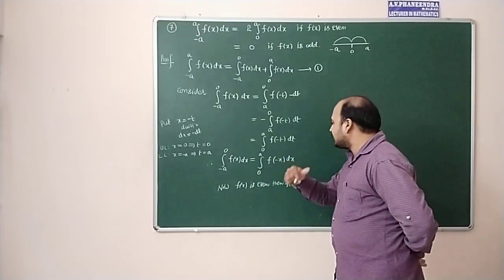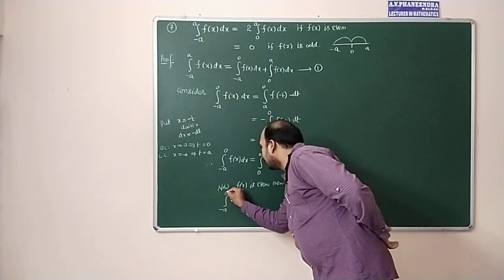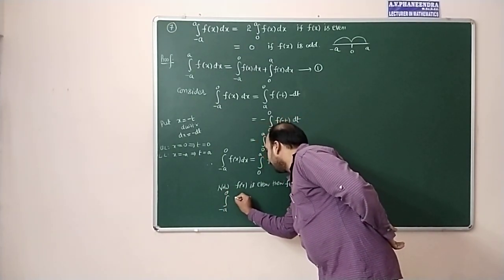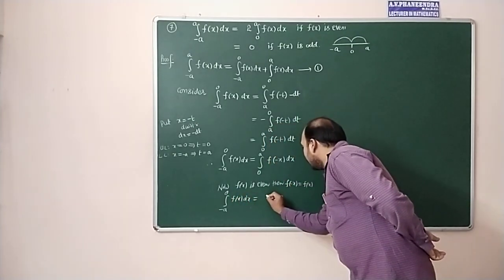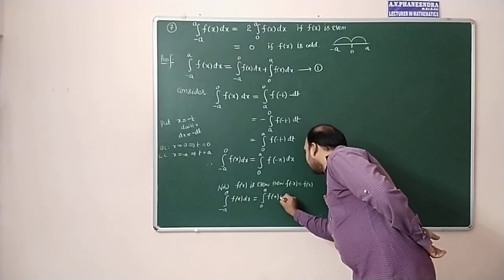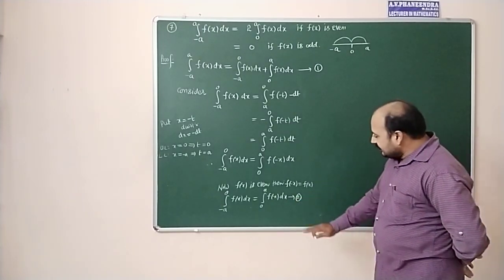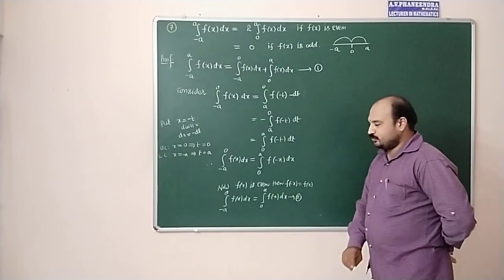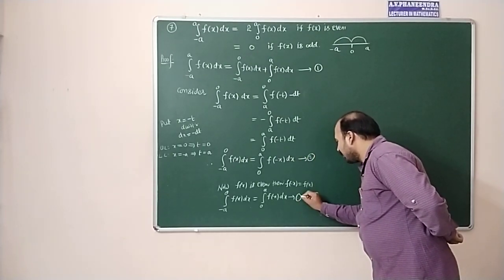Then it becomes the integral from -a to 0 of f(x) dx is equal to the integral from 0 to a of f(x) dx. You put that as equation number 2. This value, equation number 2, you can take as equation 2, and this as 3. Right?